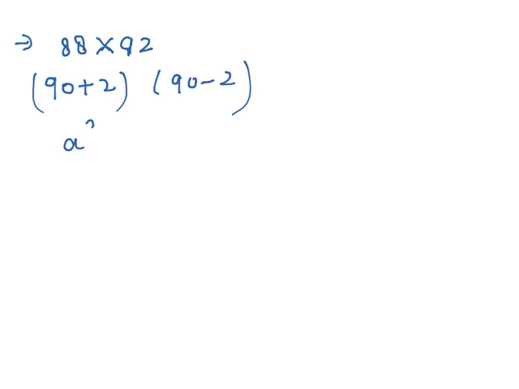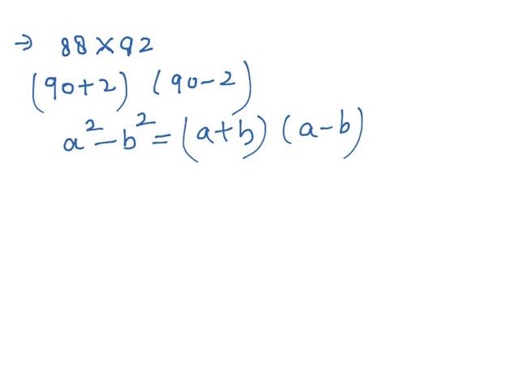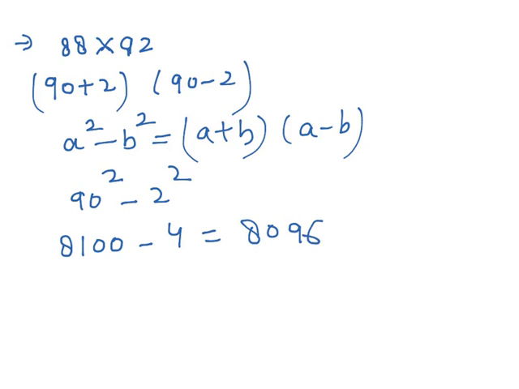So you remember the formula, a square minus b square is equal to a plus b times a minus b. So in that case it becomes 90 square minus 2 square. So 90 square will give 8100 minus 4, and that will give 8096.